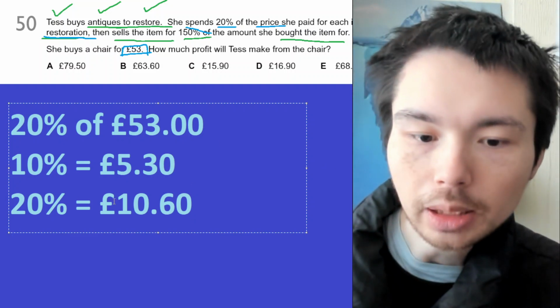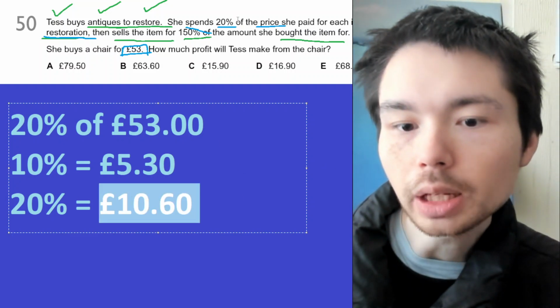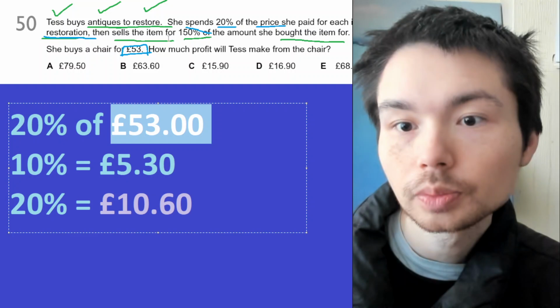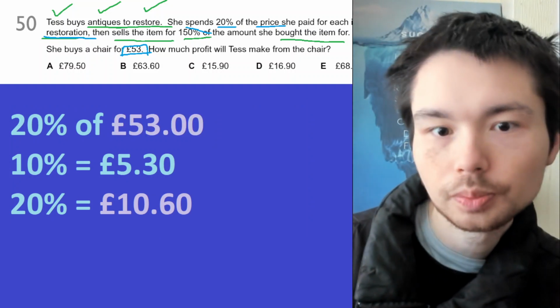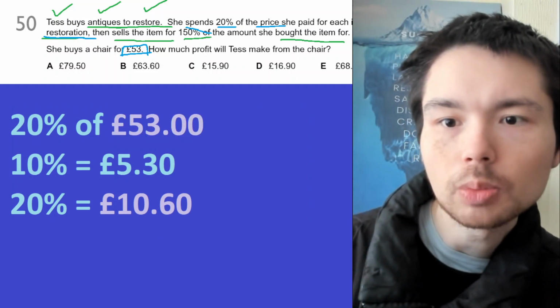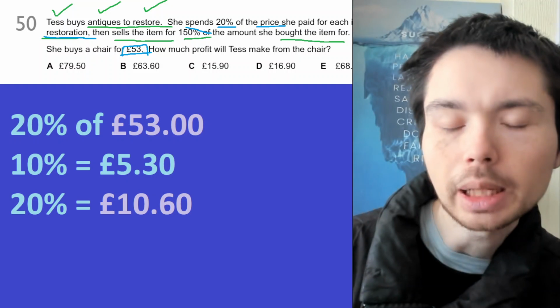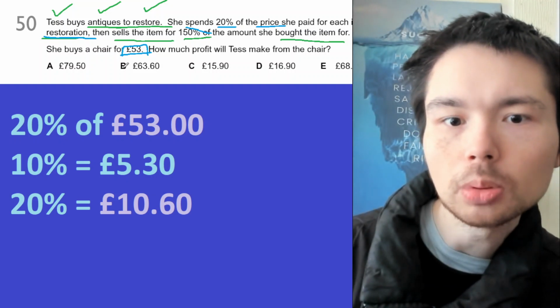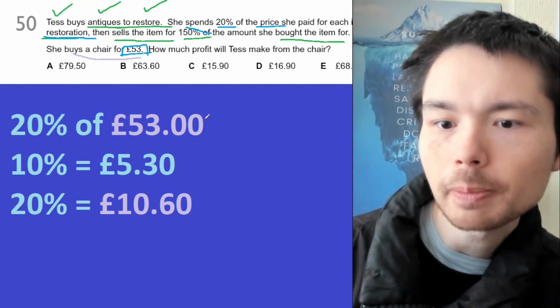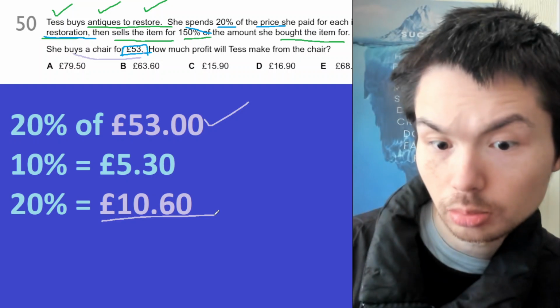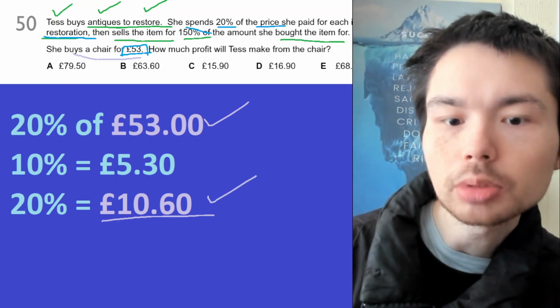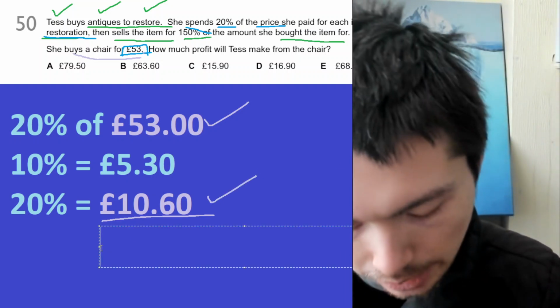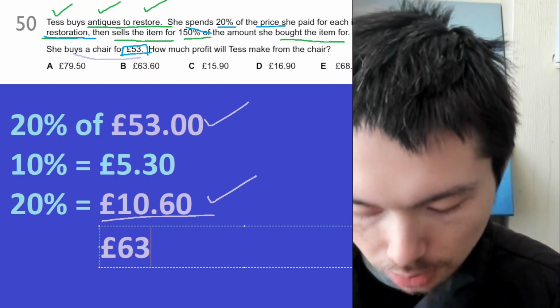Well, she's spending this amount of money to fix the item. So really, what is her total spending so far? Well, she bought the chair for 53. She's going to spend £10.60 to fix it. So really, so far she has spent, add them up, that'll be £63.60.